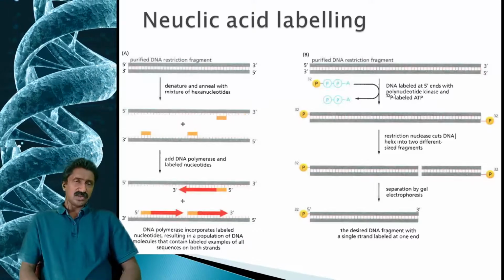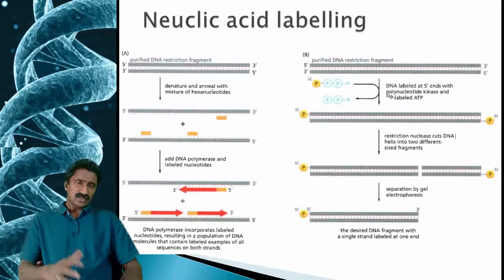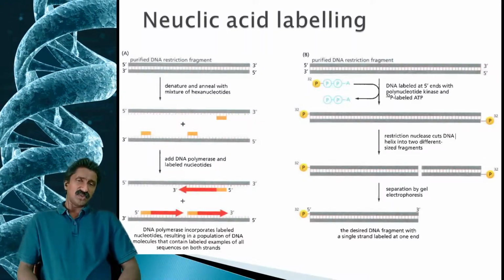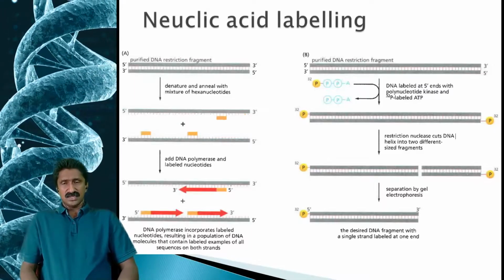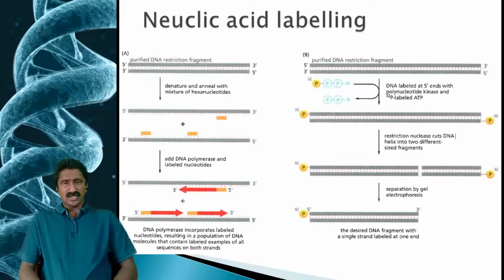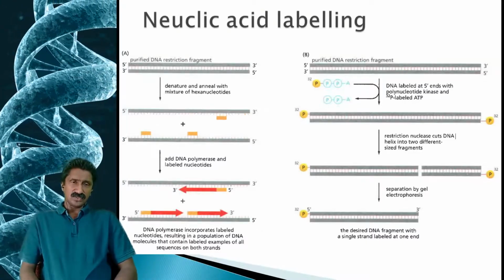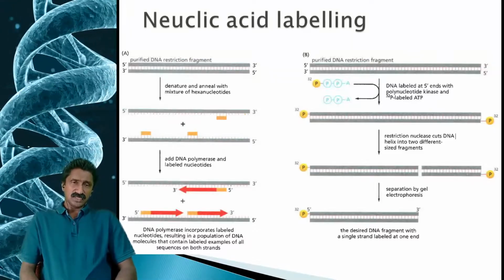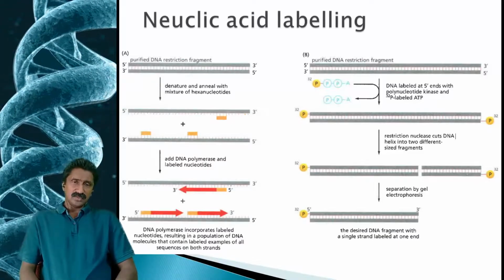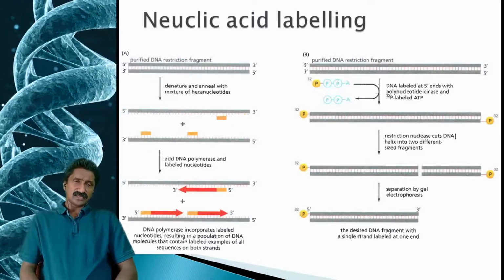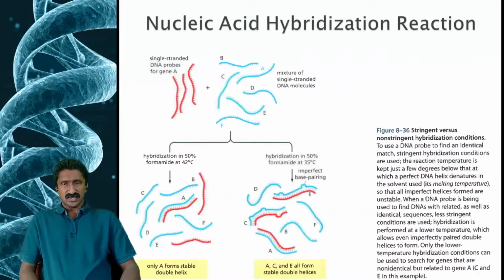So nucleic acid labeling is either a dye-based method like this one, based on PCR amplification and subsequent incorporation of the labeled nucleotides in the amplification products, or you can attach P32-labeled ATP at one end, and that phosphate label at the 5' end acts as the label for identification of the strands. So this is about nucleic acid labeling.